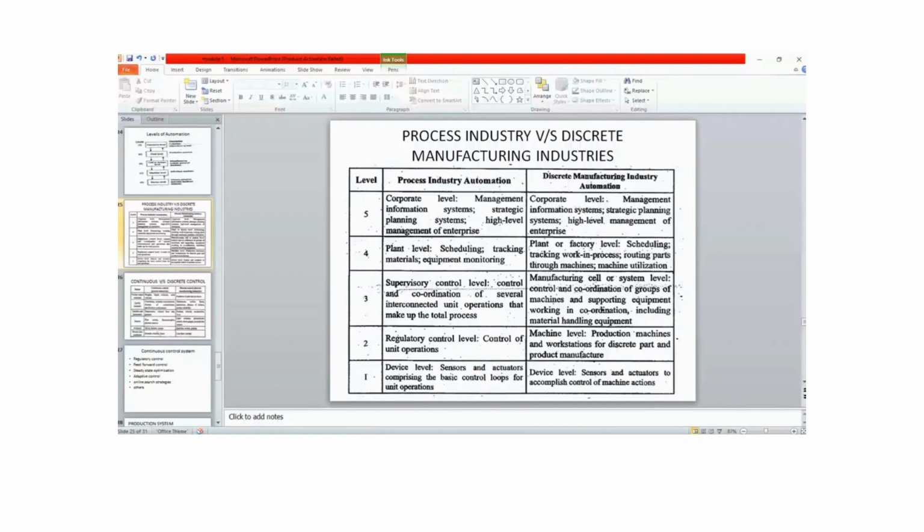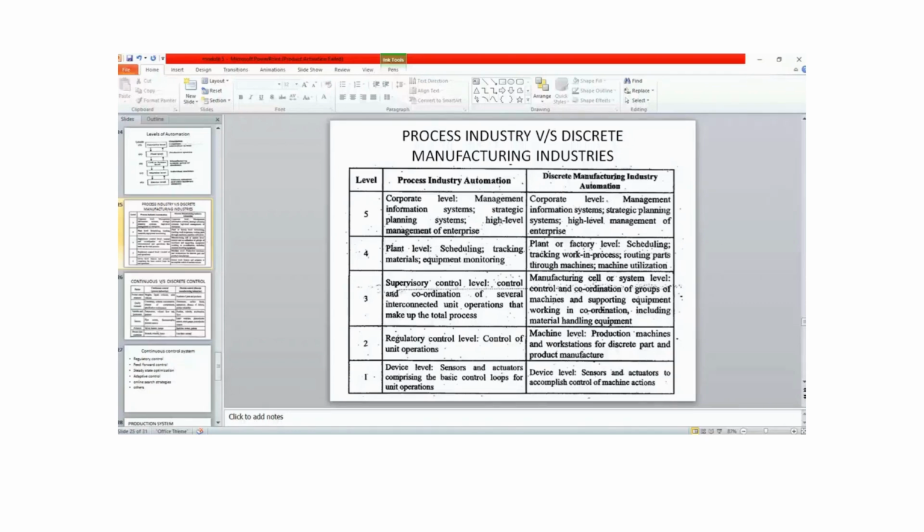Continuous means the path will be in a straight line; discrete means it won't be straight. So I prepare a single component, and with respect to the number of components required, the work keeps going on. That is also with respect to automation levels, so we call it discrete manufacturing industry automation.